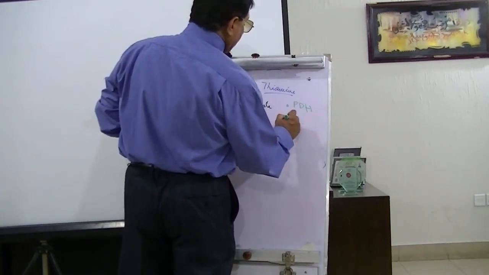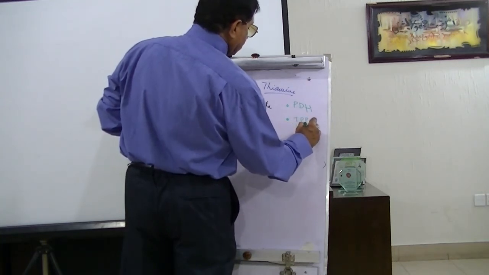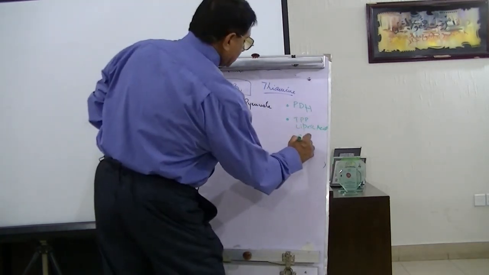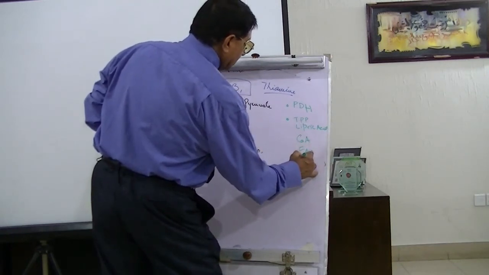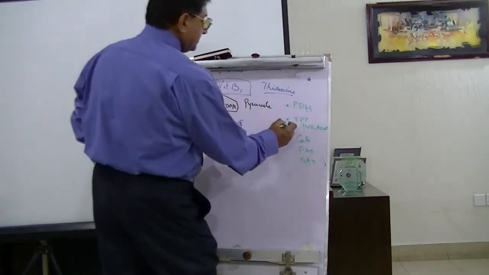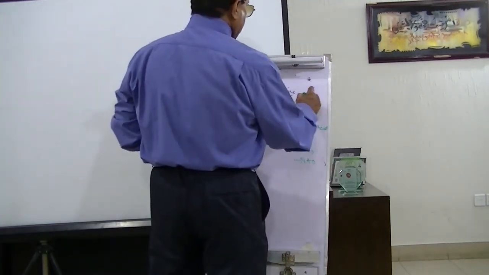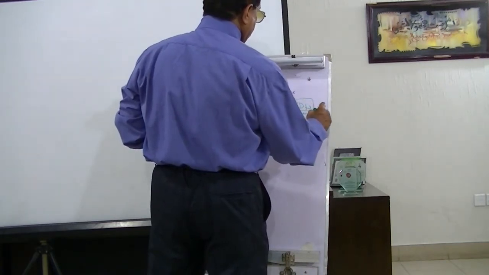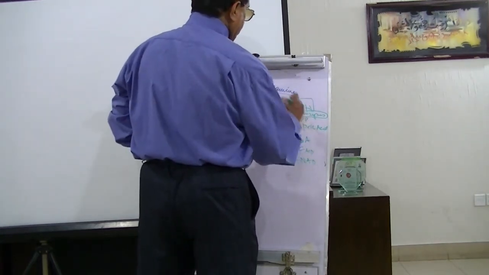And the 5 coenzymes are thiamine pyrophosphate, lipoic acid, coenzyme A, FAD, flavin adenine dinucleotide, and NAD. So one is pyruvate dehydrogenase and the other is the coenzymes. These are the 5 coenzymes.